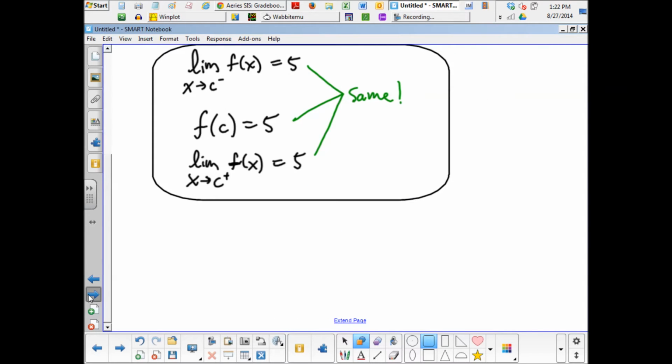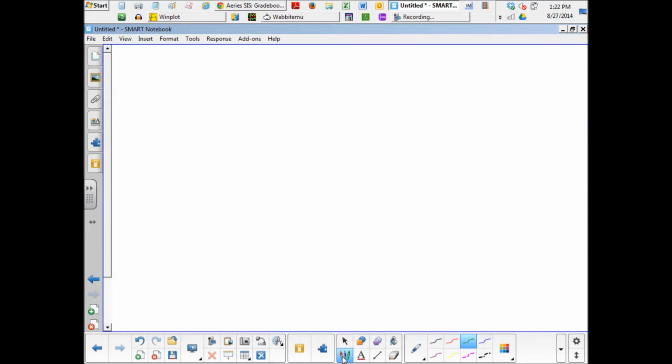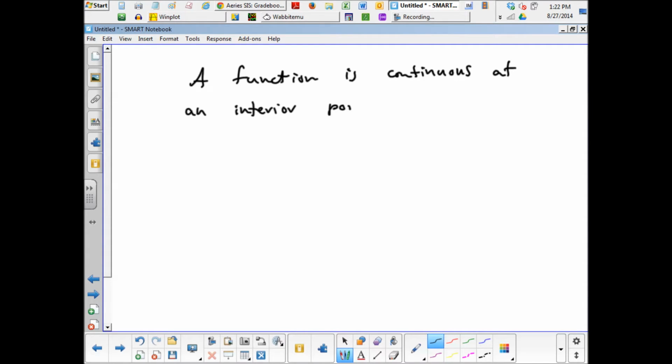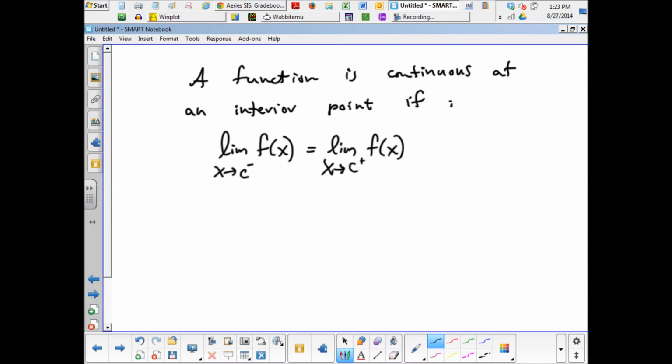Okay, so let's write down the formal definition of continuity. Here it is, now that we've seen a rough idea. A function is continuous at an interior point if the limit on the left is equal to the limit on the right, and those both are in turn equal to f of C. When all three of these are in agreement, we have continuity.